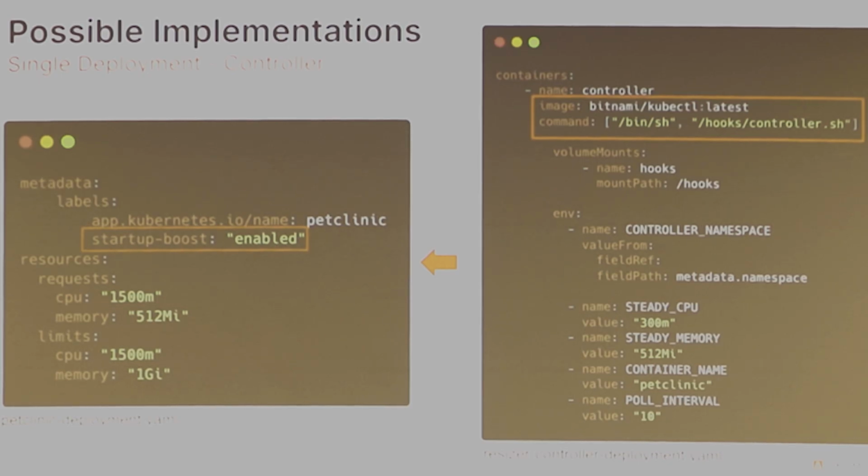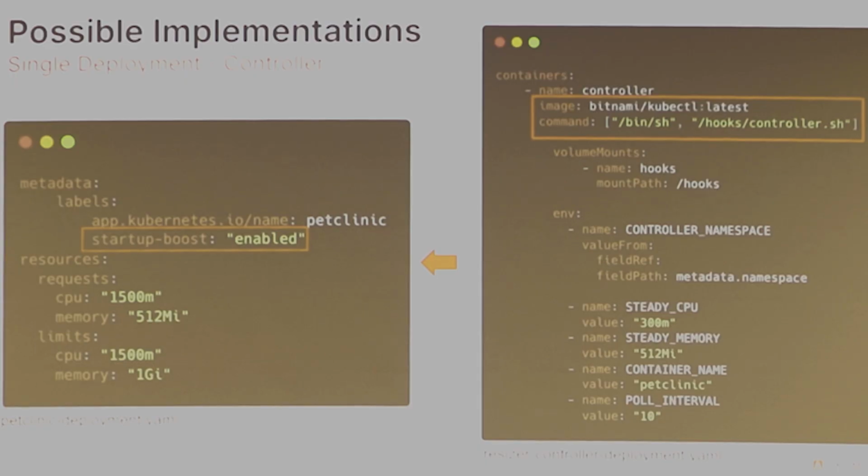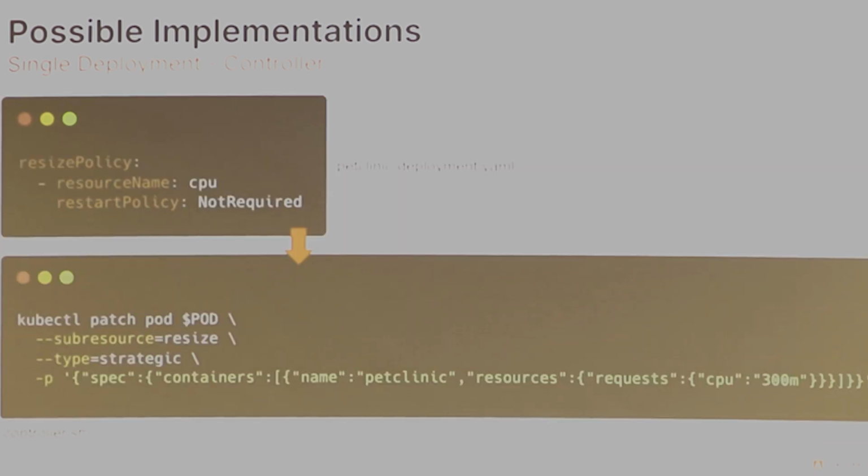This label is startup-boost enabled. And then we have the other deployment, the resizer controller deployment, which is basically our implementation for the In-Place Pod Resize. As you can see, I'm using a kubectl image that loads controller.sh.